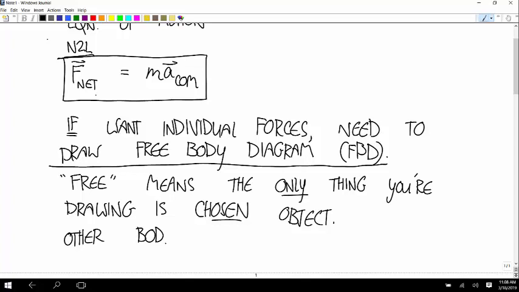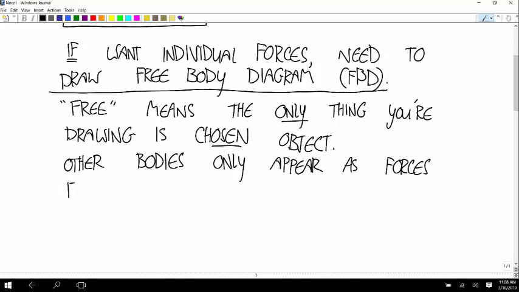So other bodies only appear as the forces they apply to the chosen body. Okay, so that's why it's called a free body diagram. Everything else is out of there. You only have the stuff you're analyzing and the forces that are applied by other things.